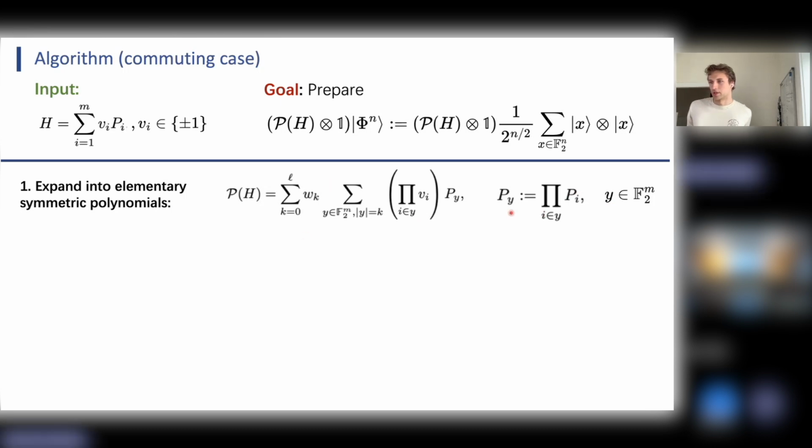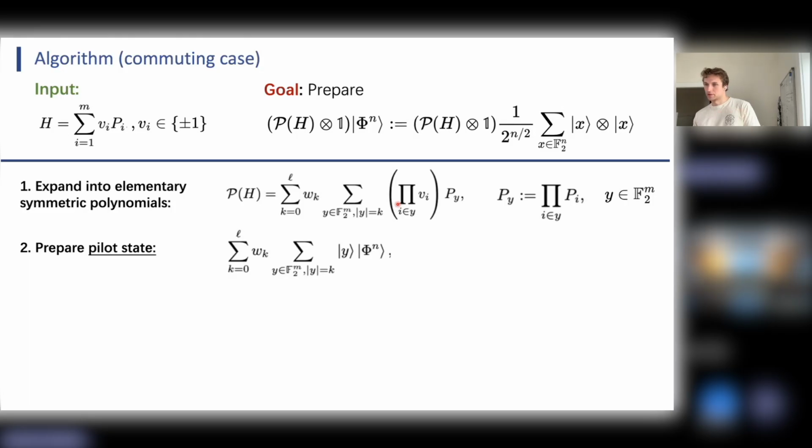Once I do this, I can re-express P of H as a sum of P_y's. And if P has degree at most L, then the Hamming weight of these y's will be bounded by L as well. So this is just a classical pre-processing step that is easy to do. You just re-express your polynomial in a different basis.